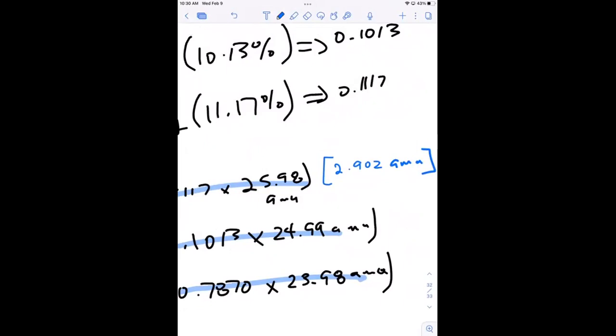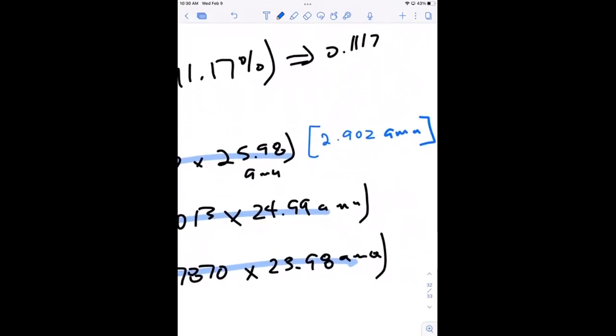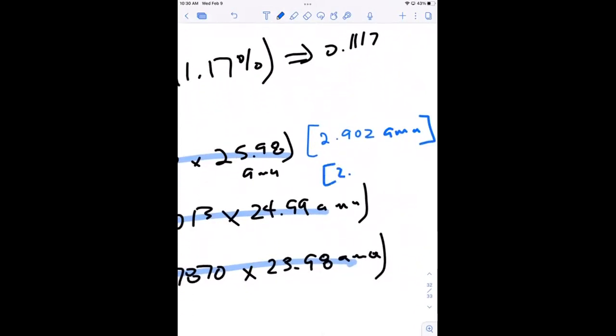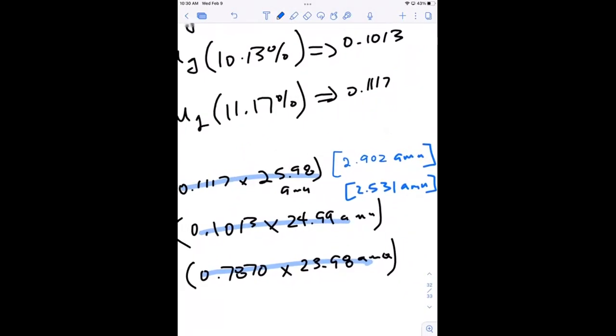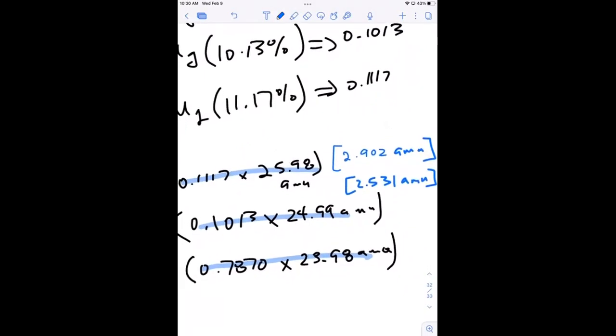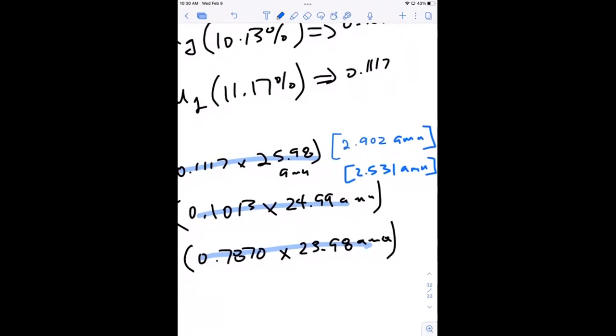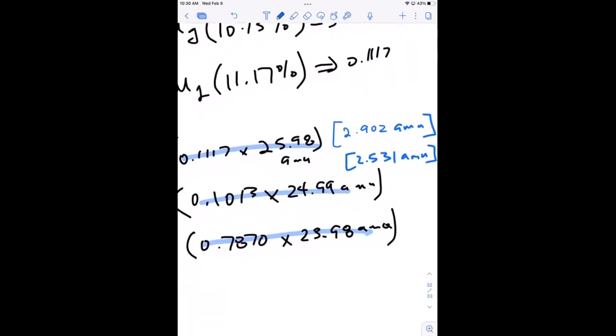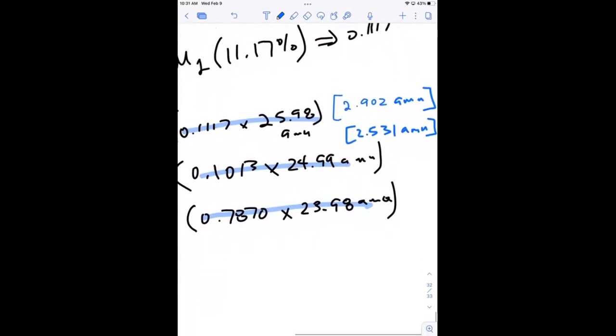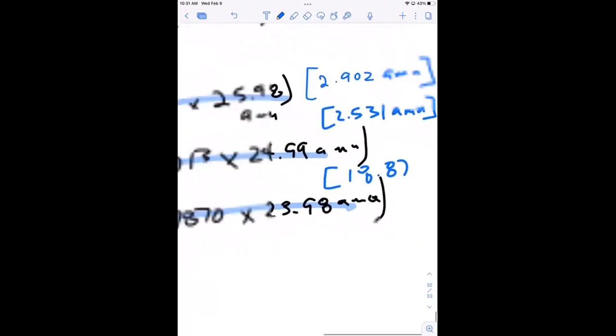The second one is 2.531. Okay. And the third one? The third one is 18.872.